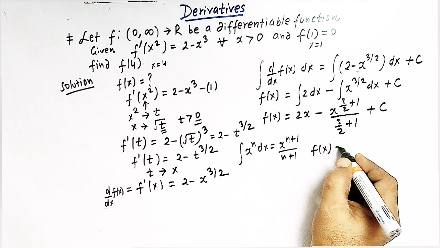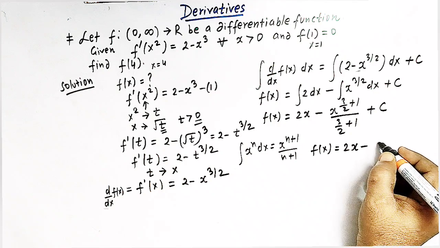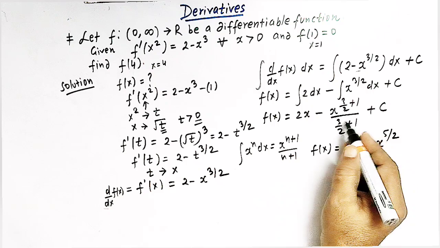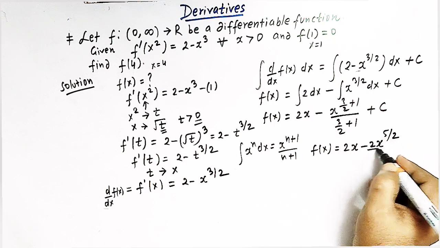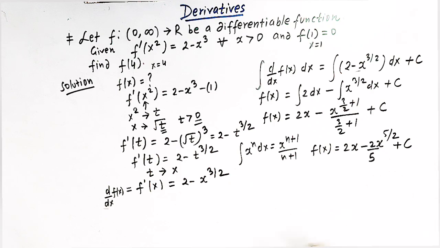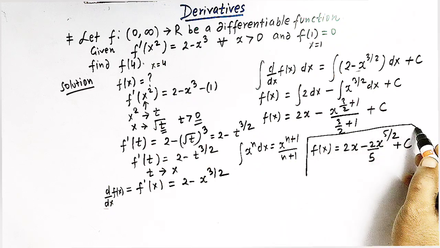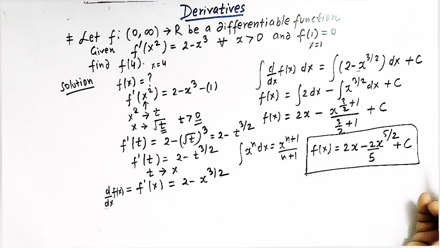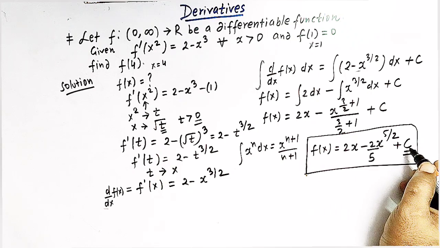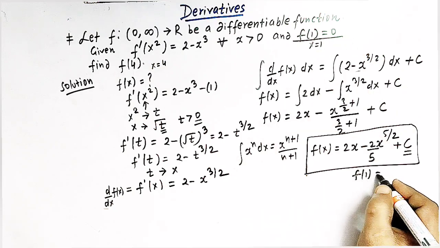So now we have f of x is equal to 2x minus, since 3 by 2 plus 1 is 5 over 2, x raised to 5 over 2, and in the denominator we have 5 over 2, so we can write 2 over 5, and here we have c as the constant of integration, right? Now to get the function f of x, we have to find the value of this constant of integration c by using the condition that f of 1 is equal to 0.